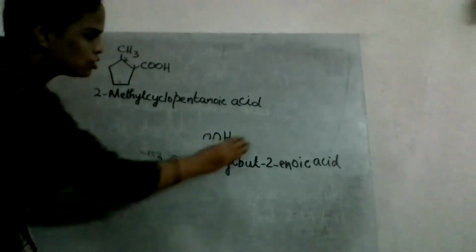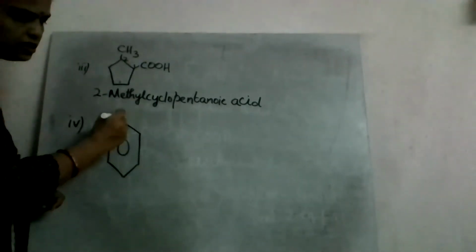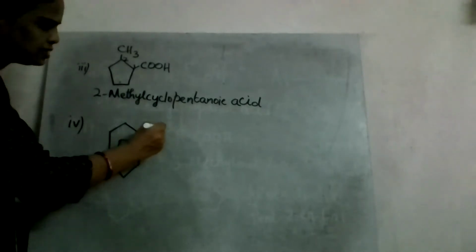Next, the fourth question: we have a benzene ring. A carboxylic acid group is present. An NO2 group is present on the second position, an NO2 group on the fourth position, and an NO2 group is also present on the sixth position. The carbon atoms are numbered 1, 2, 3, 4, 5 and 6.